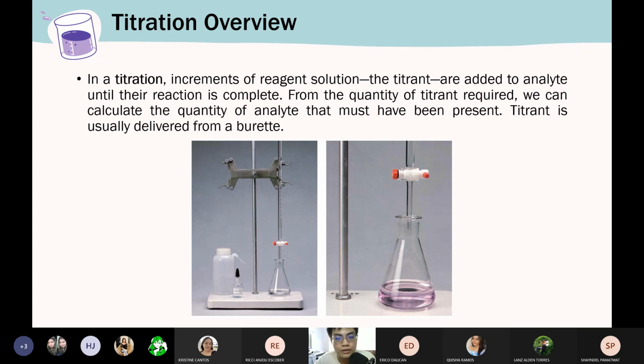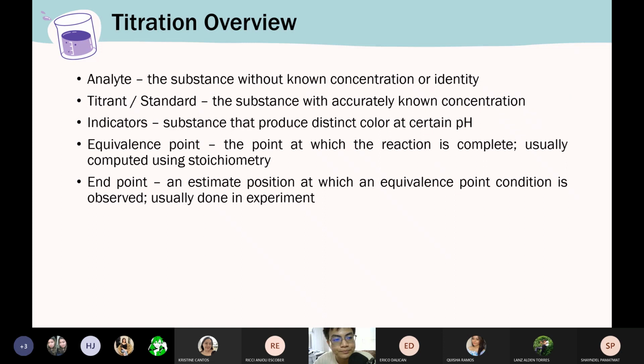Okay, so yan. Marami pang indicators na ginagamit, just as discussed in your lecture. Marami pa yon. So, not only phenolphthalein, we also have bromocresol green, methyl orange, etc. Okay, so anyway, we'll learn more about them in the next part of this discussion siguro. No? Siguro sa April ba yan.